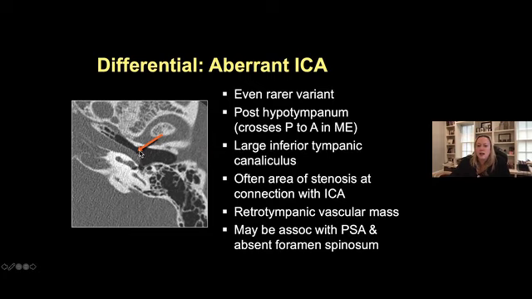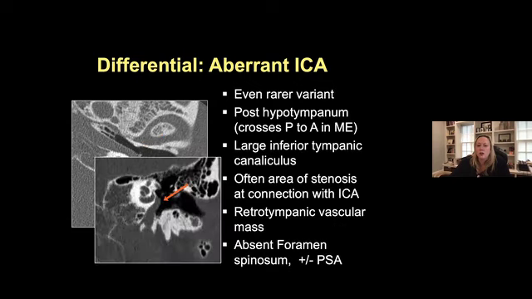But instead of going anteriorly into the mesotympanum, it comes from anterior to posterior in the middle ear and is found in the posterior hypotympanum, associated with the large inferior tympanic canaliculus, which is this S-shaped course that it takes. And then it's often associated with an area of stenosis at its connection with the normal location of the ICA and sort of wasting there. And this is an aberrant ICA.